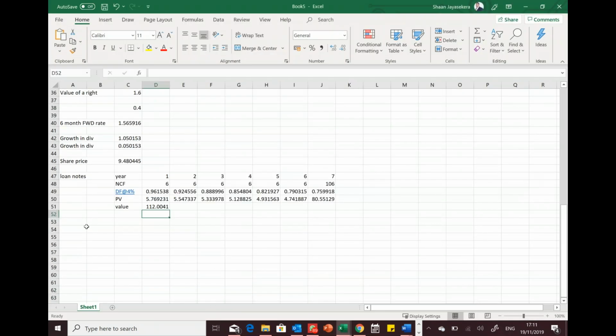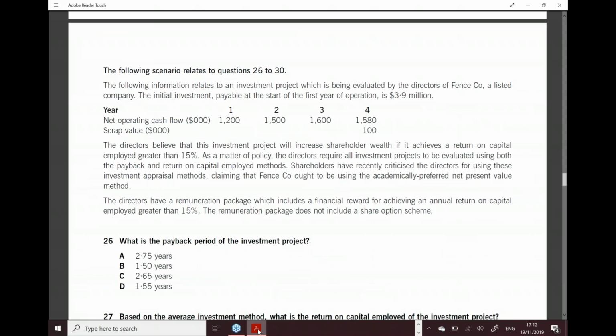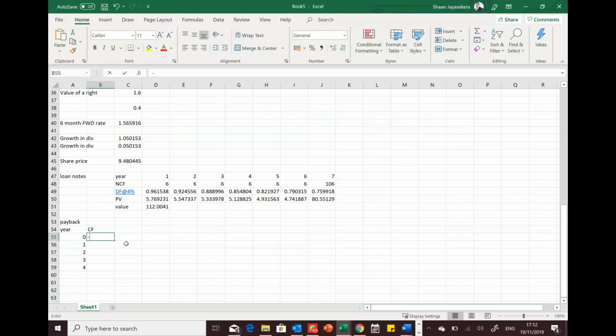So I take the years 0, 1, 2, 3, 4 and the cash flows. I am laying down 3.9 million, so that's minus 3.9.